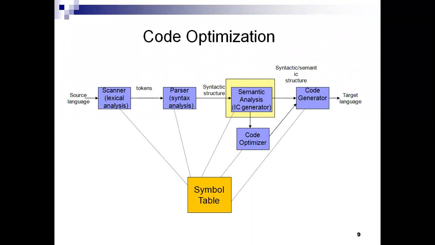That is taken as input by the code generator, and then we generate the target code, which is an efficient code.